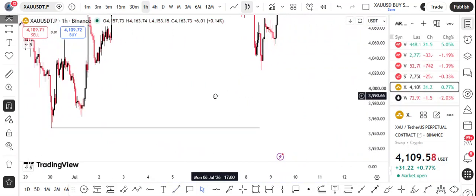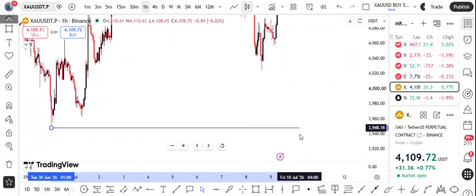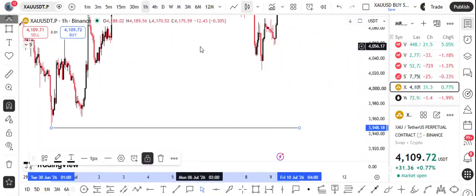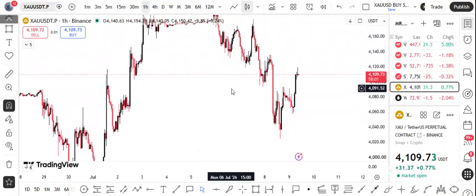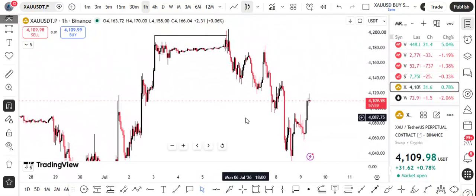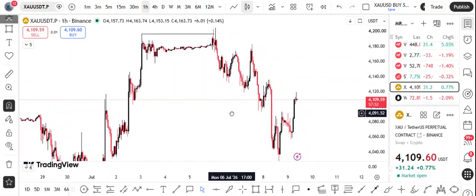So this is where I know the market is heading to in the future. So with this being said, we have to first look at the current price action.